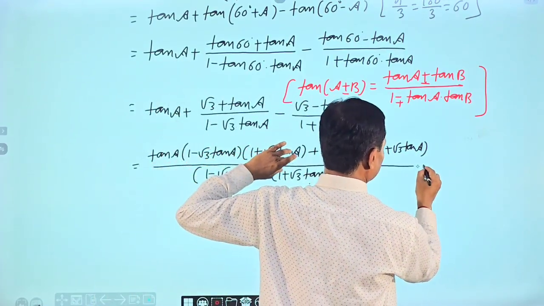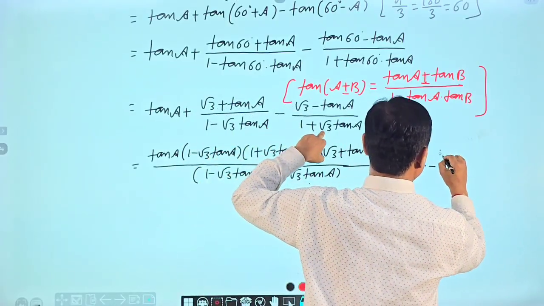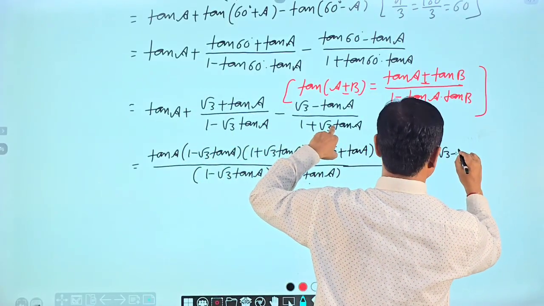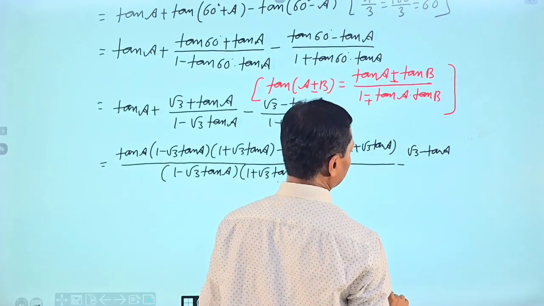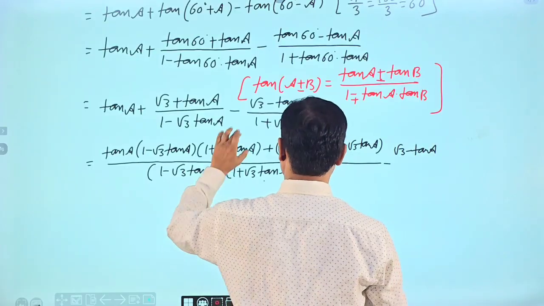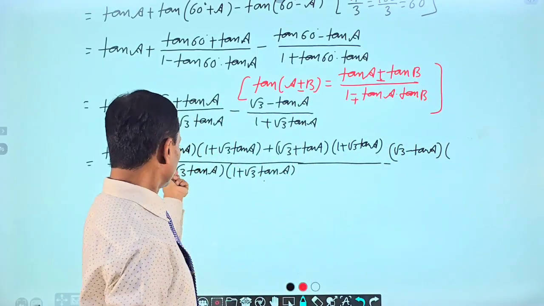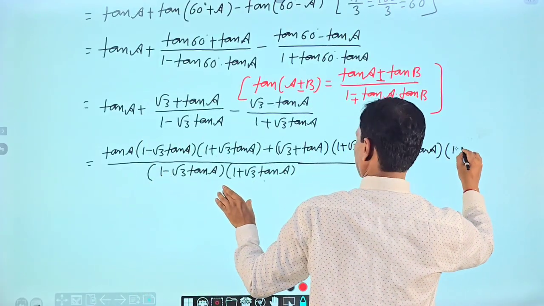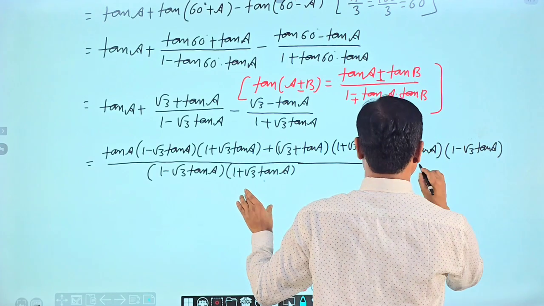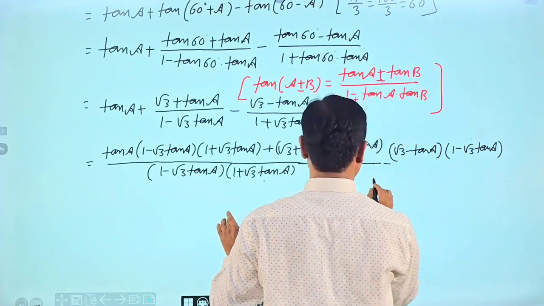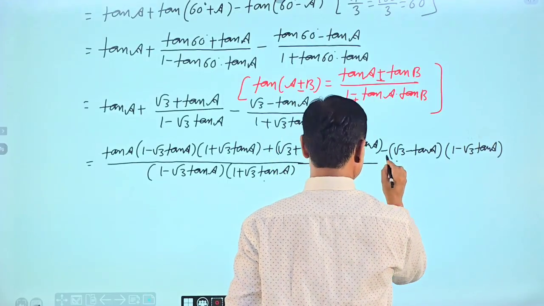The next one is minus, this part we can write root 3 minus tan A, and after that another, it is 1 plus root 3 tan A, so we write here 1 minus root 3 tan A. Okay, the minus sign will be here at the numerator.